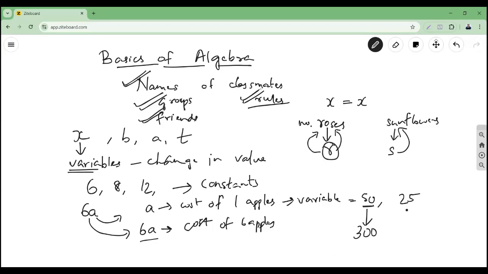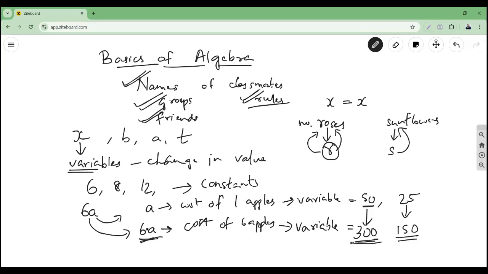If one apple is 25 rupees, then 6 apples is going to be 150 rupees. Now you see, the value of 6a is also varying based on which shop we are going to. That means this is also a variable. This is not a constant. The combined 6a is also a variable.